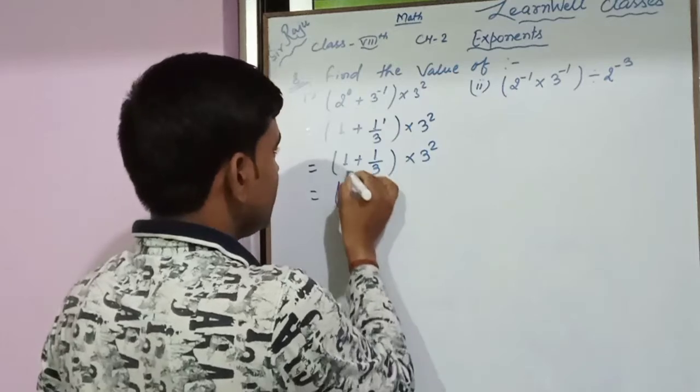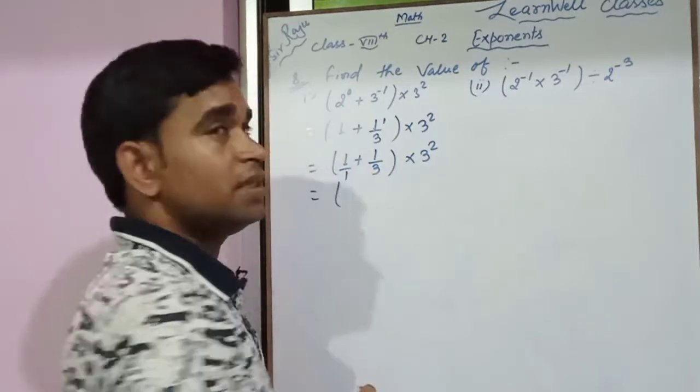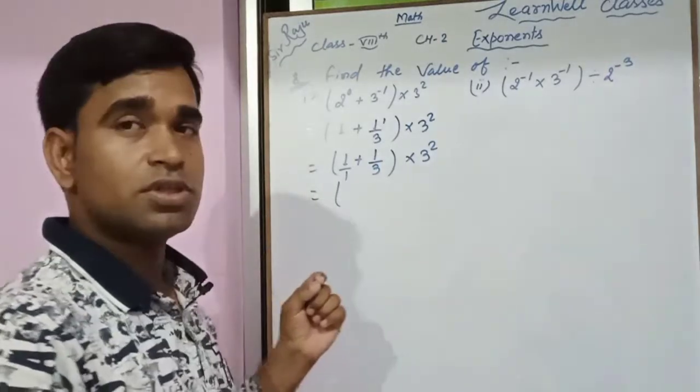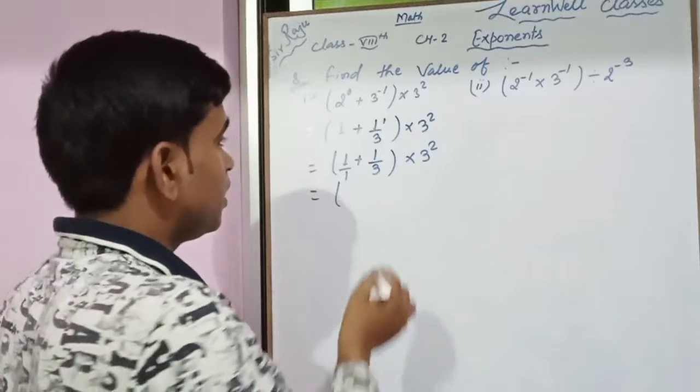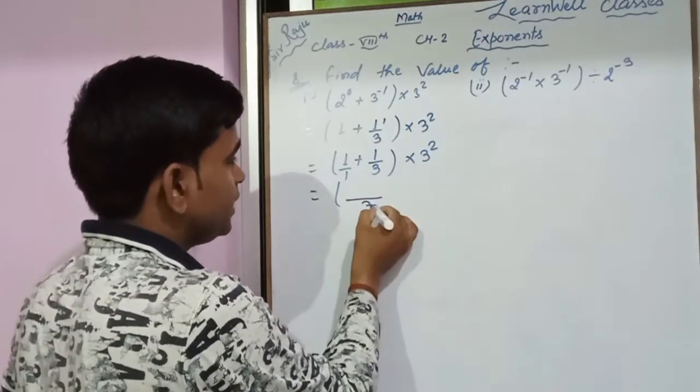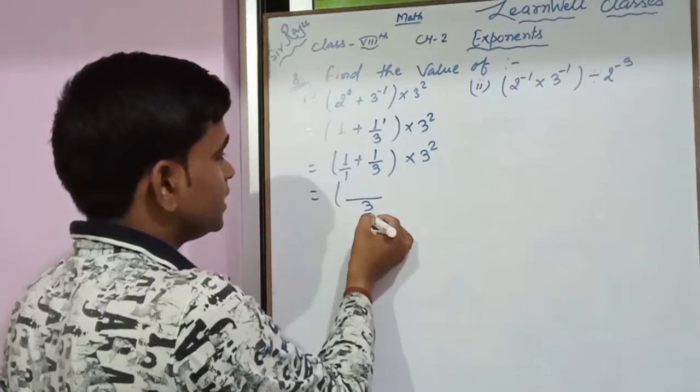So where the denominator is nothing, we suppose a number 1. So the LCM of 1 and 3 is 3.